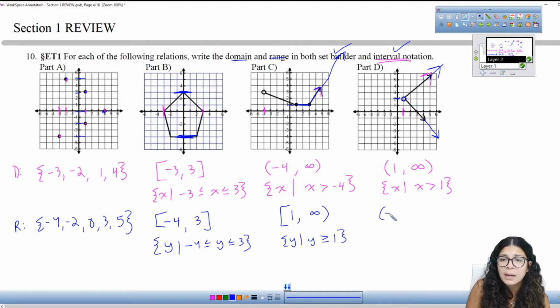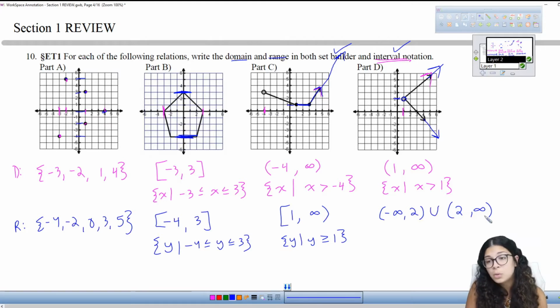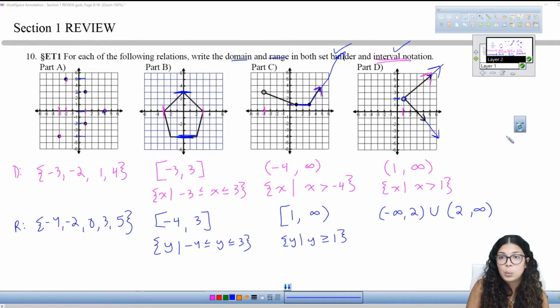So that means that our function does go from -infinity to +infinity, but there is a break at 2. You cannot include 2. So you say -infinity to 2, not including 2, and 2, not including 2, to infinity. That's how you say everything except 2.